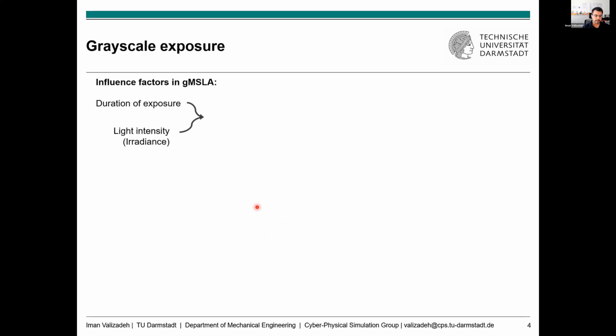As I mentioned, we have two process parameters: the exposure time and the light intensity. Increasing them increases the radiant energy, and increasing the radiant energy increases the degree of monomer conversion, which leads to an increased cross-linking network, and finally, we increase the mechanical properties.